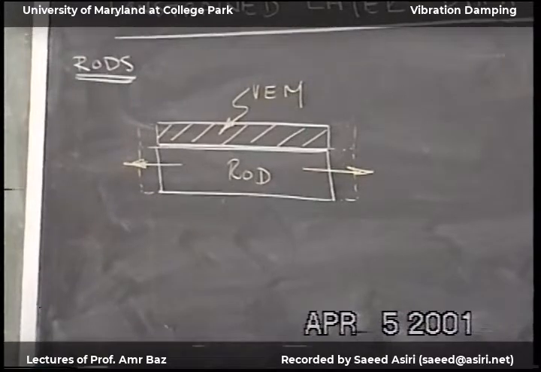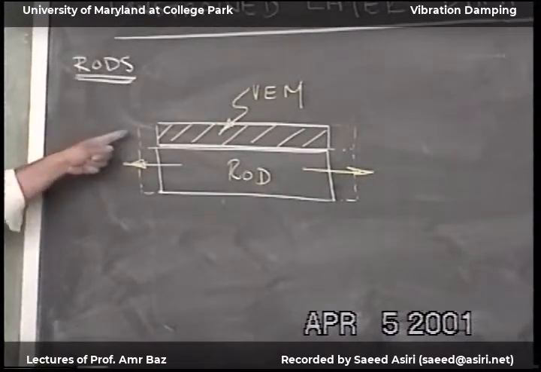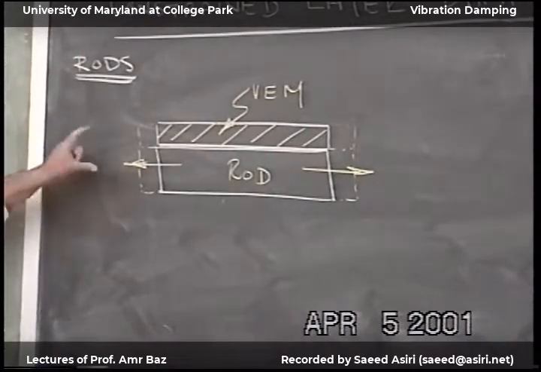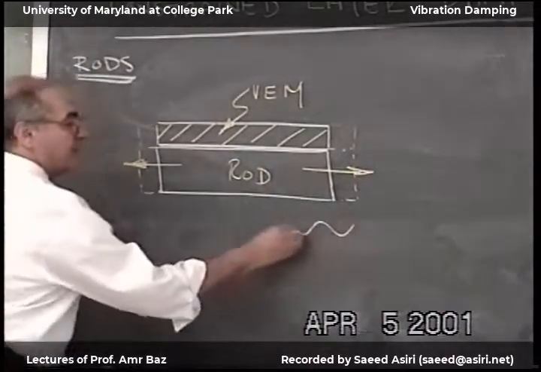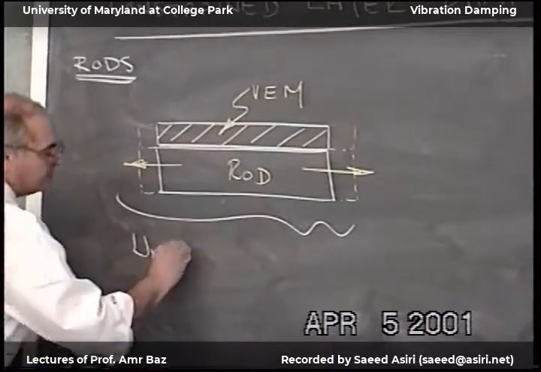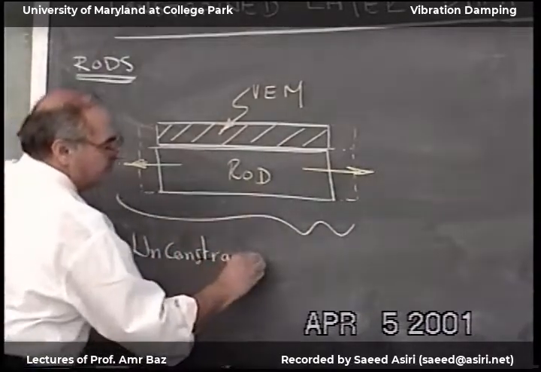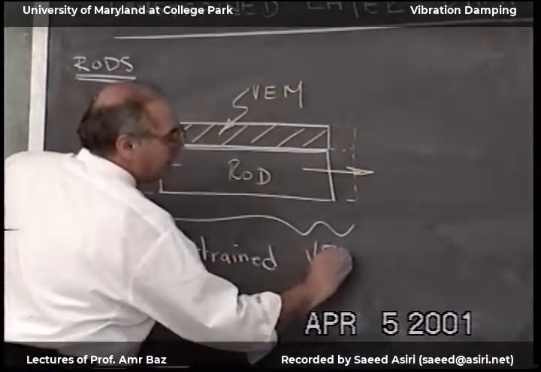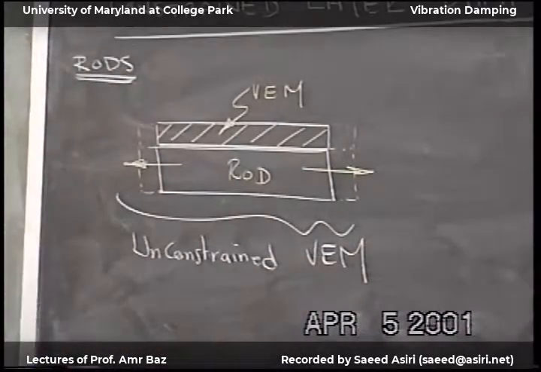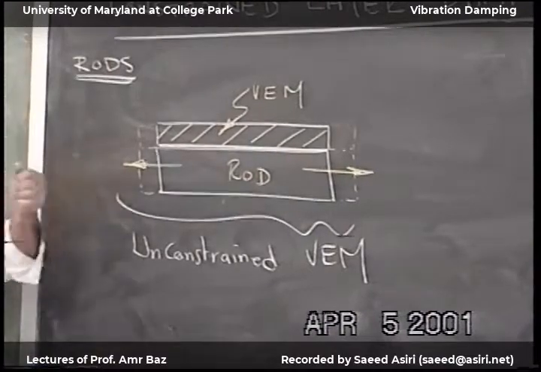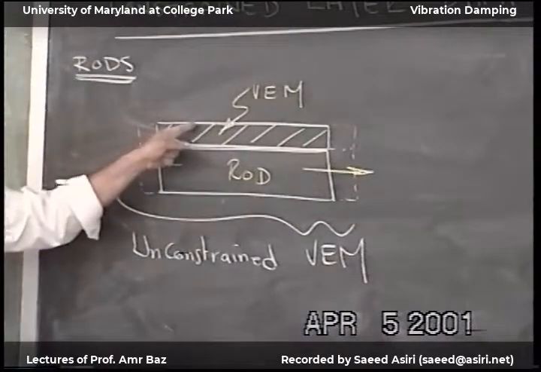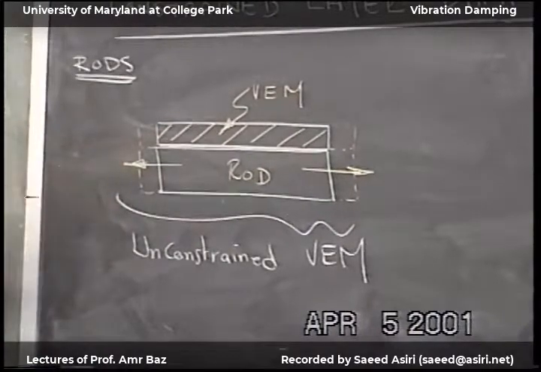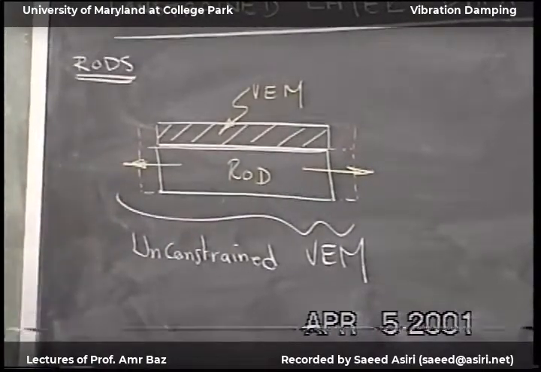And the motion of the viscoelastic will follow the rod, and this arrangement is called unconstrained viscoelastic material. And the mechanism of stretching and compressing the viscoelastic material as the rod undergoes vibration, the mechanism here is elastic or longitudinal damping.